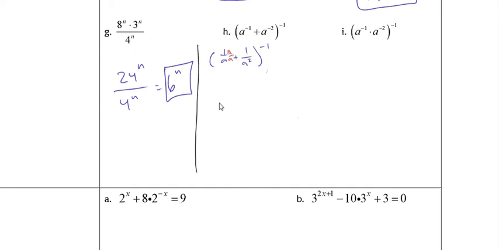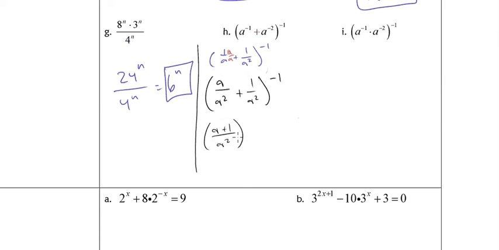All right, that gives us a over a squared plus 1 over a squared, to the negative 1, which we can rewrite as a plus 1 over a squared.